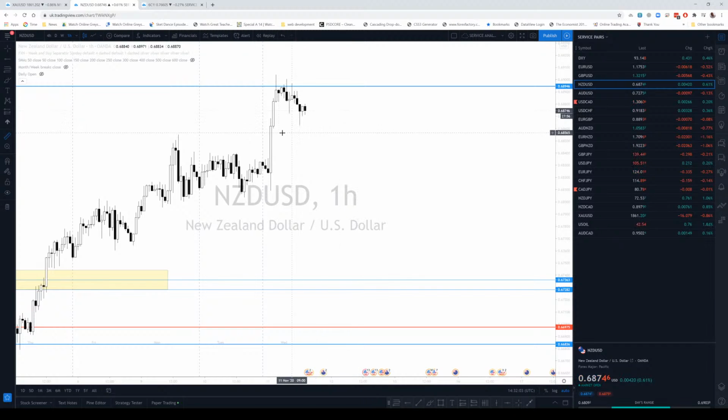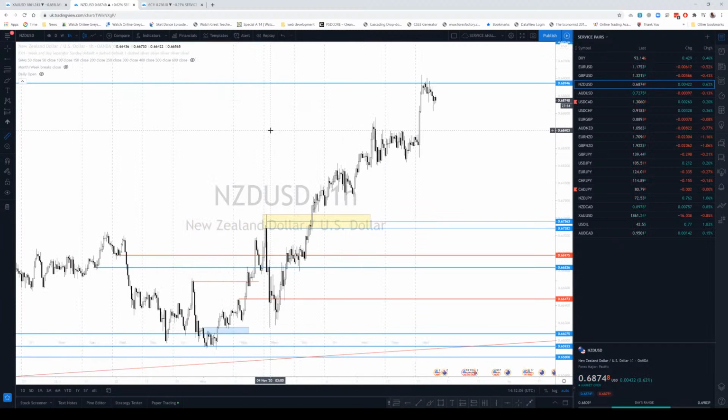New Zealand, this one has been exceptional. This has been by far the strongest pair out there. NZD has been the strongest pair out there, and I've been announcing it since we were down here that regardless of what the dollar is going to do, this pair is going to rally.